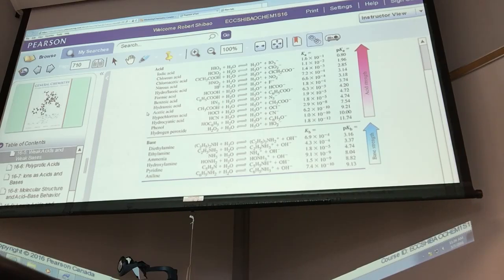Alcohols really don't hydrolyze water. Water is really not a strong enough base to pluck out the hydrogen. And so when we think about alcohols in water, we think of them as being neutral.